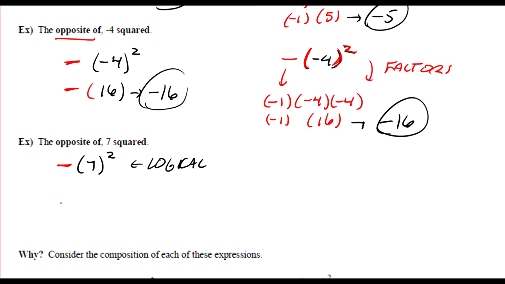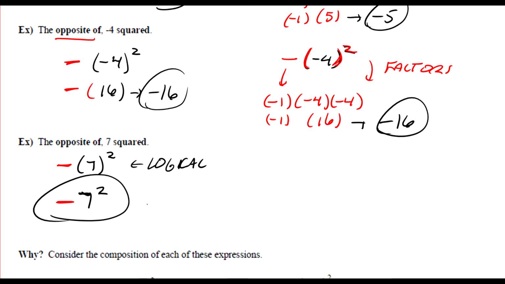But here's what you'll see in an expression. And this is really complicated because the way we read it even might be wrong. We might even read this as negative 7 squared. But we're supposed to be reading it as the opposite of 7 squared.